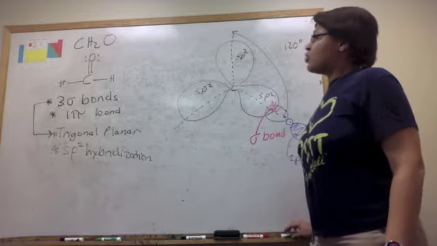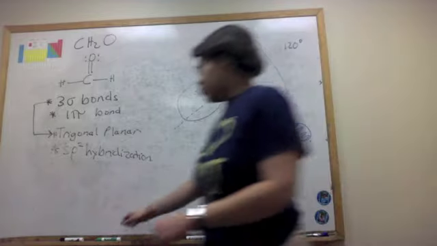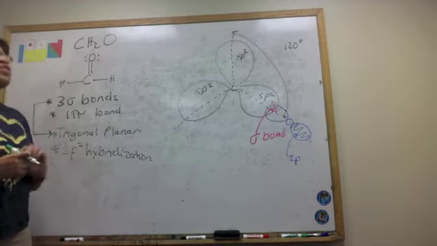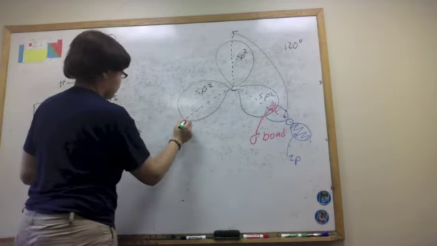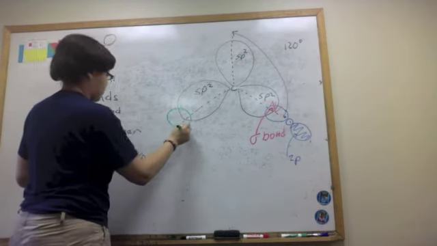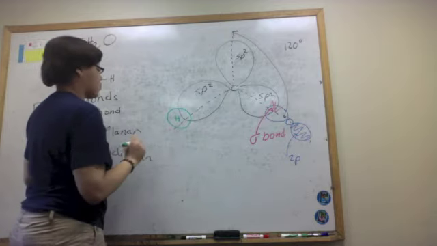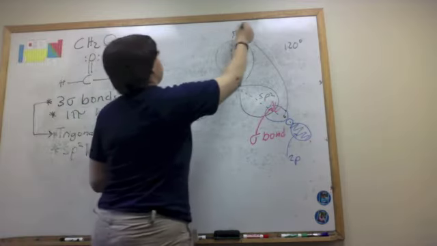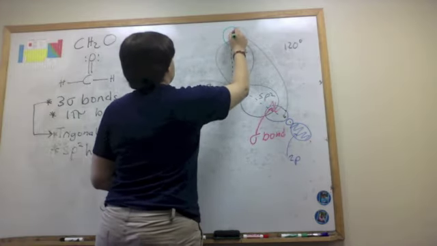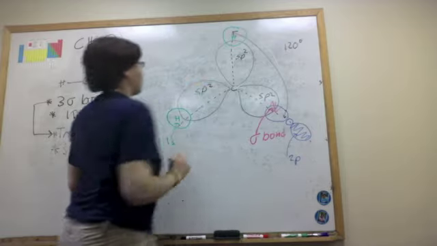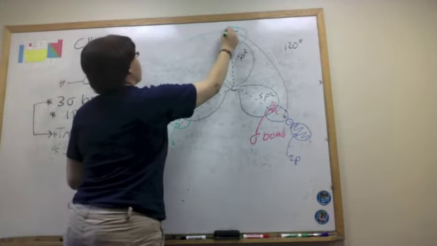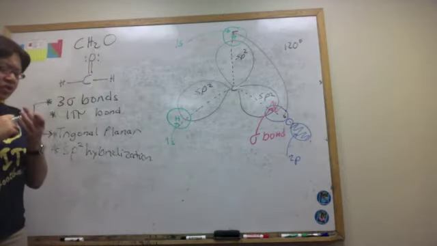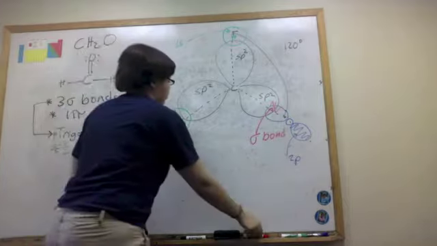We now need to show the overlap between the sp2 hybrid orbitals and the 1s orbital from each hydrogen atom. Again, we should label our 1s orbitals. We should also label each sigma overlap region.